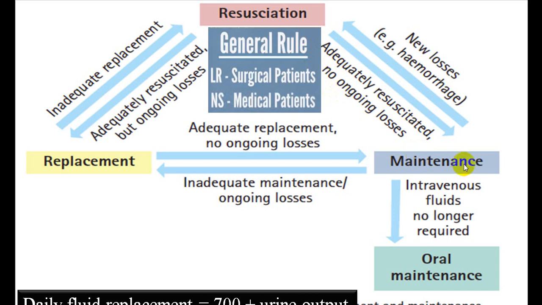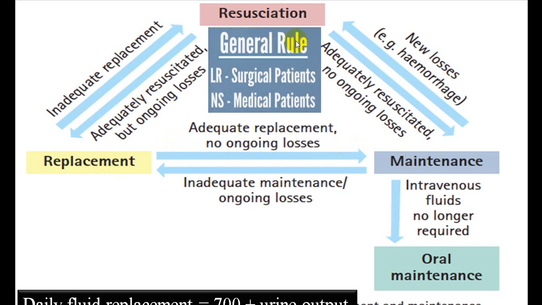But on maintenance fluid, suddenly the person gets new losses, he might require a resuscitation or he might require maintenance plus replacement. And when replacement is going on, adequate replacement is done and there are no ongoing losses, now he will require maintenance fluid. So these three are a vicious cycle.